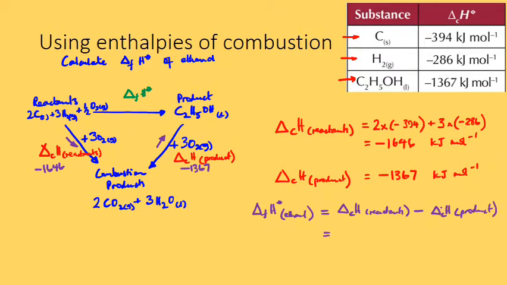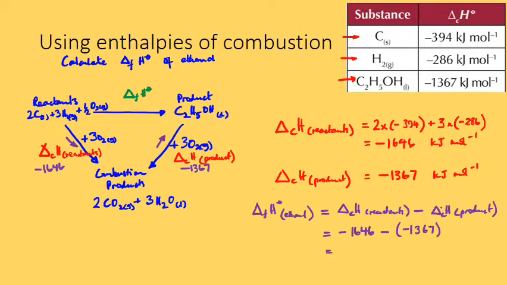Putting the numbers into that equation, our enthalpy change of combustion of the reactants is minus 1646, and from that we're going to subtract our enthalpy change of combustion of our product, which is minus 1367.